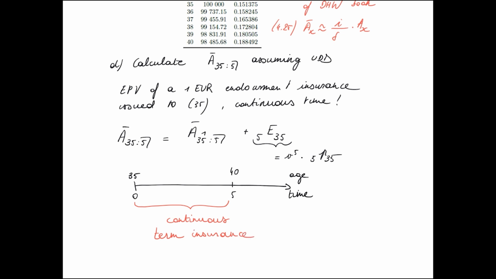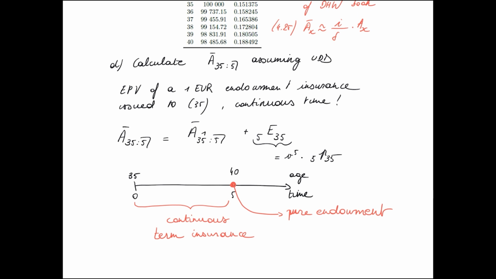I need to value this using what I know for a continuous time insurance product. But then there is this pure endowment over here, exactly at time 5. So I also need to calculate the EPV of this pure endowment with a benefit of €1, which is payable at time 5, or at age 40, in case my policyholder survives until time 5, until age 40. Now, many students ask me, to value this pure endowment, should I reason in continuous time or in discrete time?